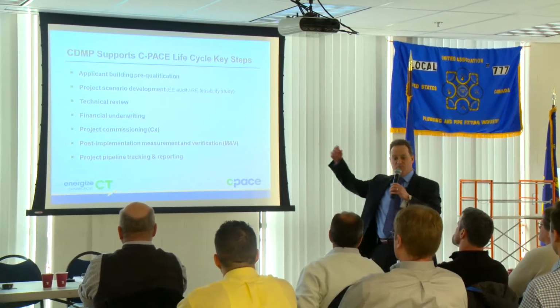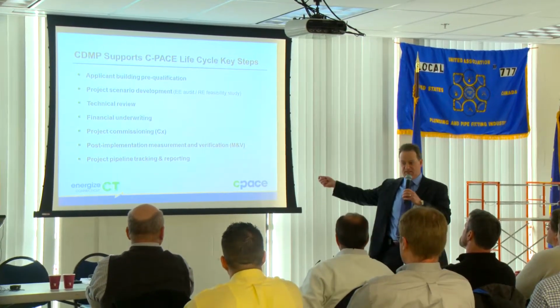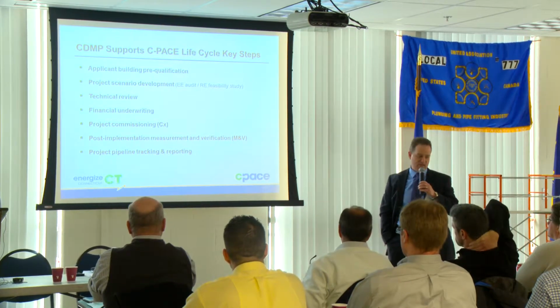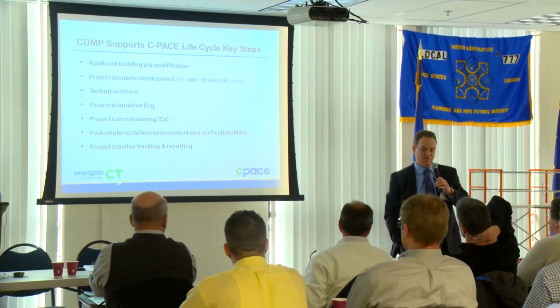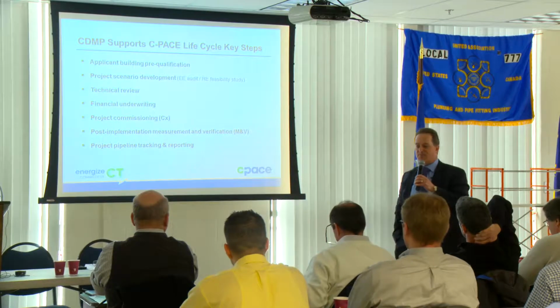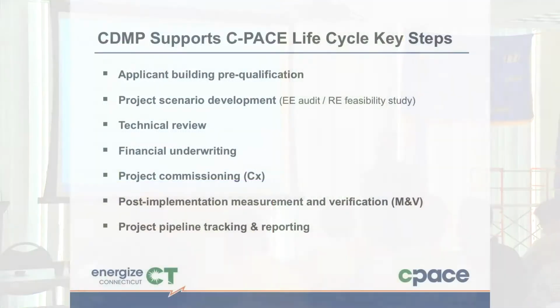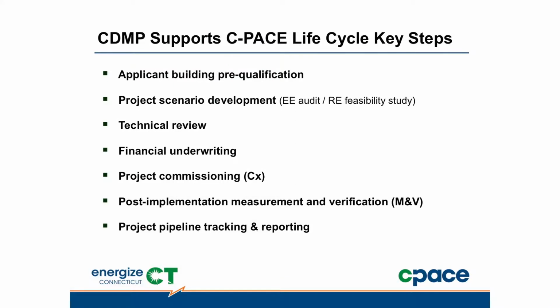The technical review team will get access to your project in the CDMP and look at the data, and Tom will give you more details on that. But to think of it on a summary basis, the technical review team is trying to put a reasonableness test around the projected cost of the project and the projected savings, looking at your supporting documentation that justifies those savings projections and getting comfortable that it was done in a technically sound and transparent manner.